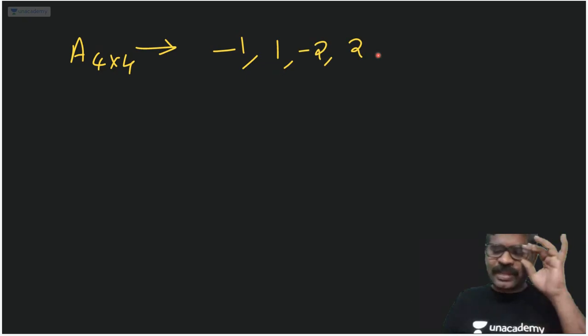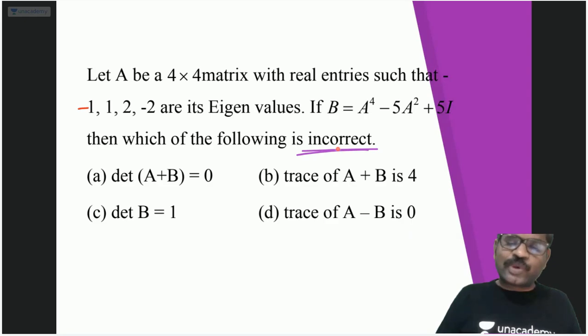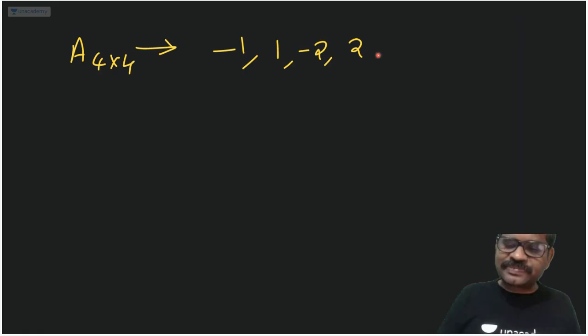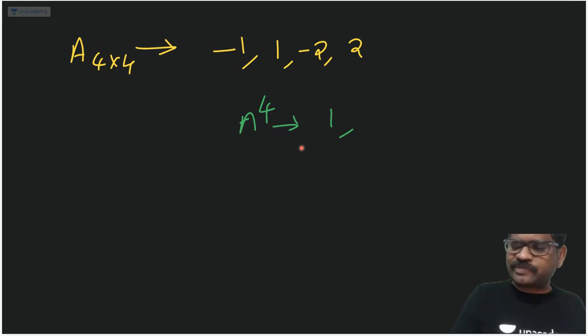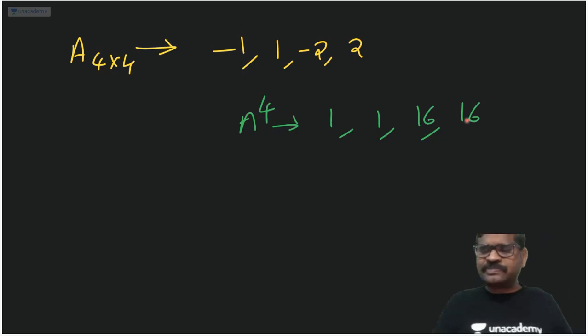Okay, next. We have to calculate eigenvalues of A power 4 minus 5A square plus 5I. Observe. Eigenvalues of A power 4 are minus 1 power 4, 1 power 4, minus 2 power 4, 2 power 4. Any problem?